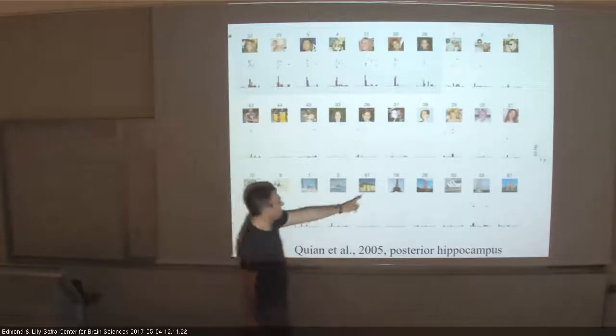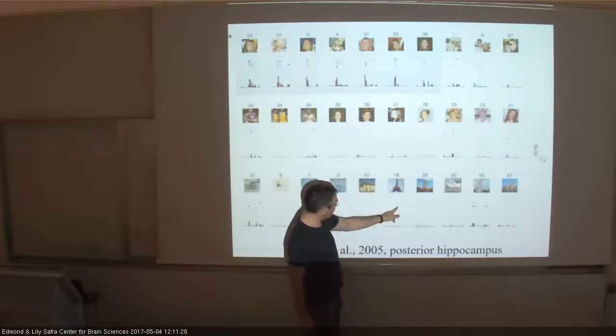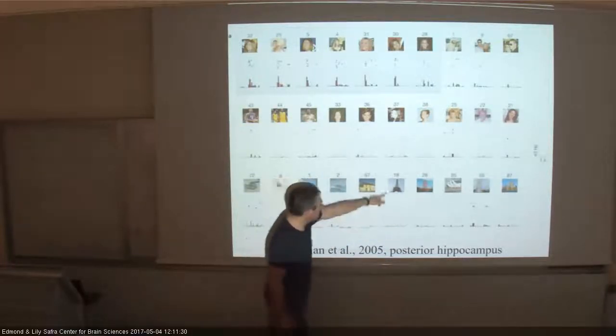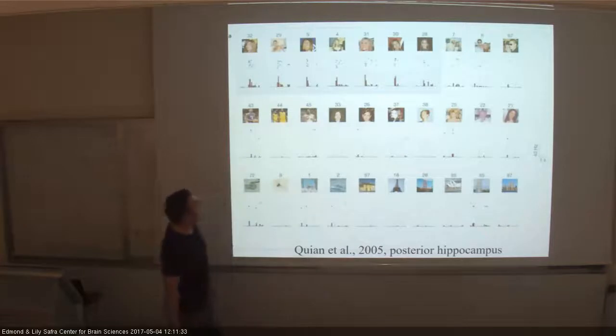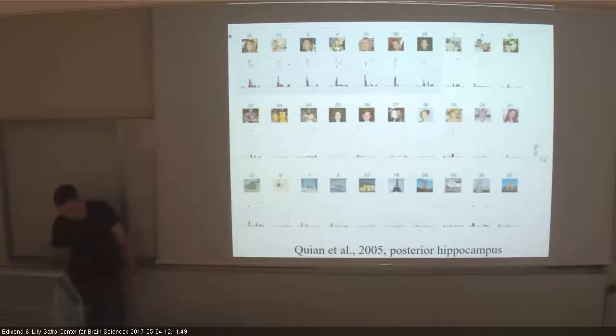So in this example, image number 18 was presented to the neuron. This was a cell, and the neuron fired a single spike in, I don't know, 5 or 10 repetitions. So the cell doesn't care much about the Eiffel Tower. Above, images 28, 30, 31, 4, 5, 29, and 32 are all different images of this lady.